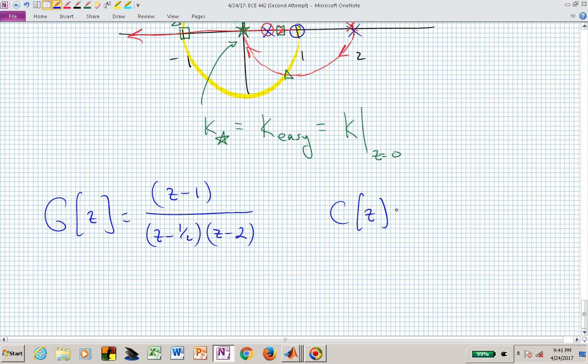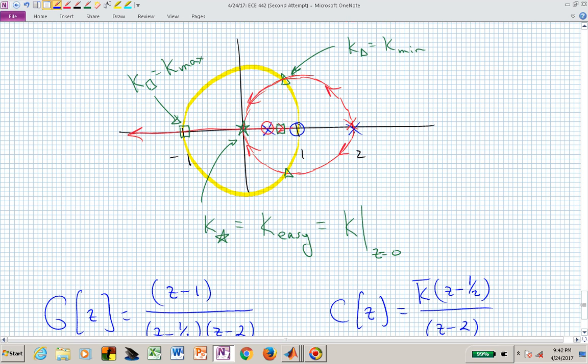And our controller, we went ahead and canceled that stable pole at 1 half with a 0 factor, z minus 1 half. We have a gain k bar, and we introduced an unstable pole at z equal to 2 to give us this nice circular shape.